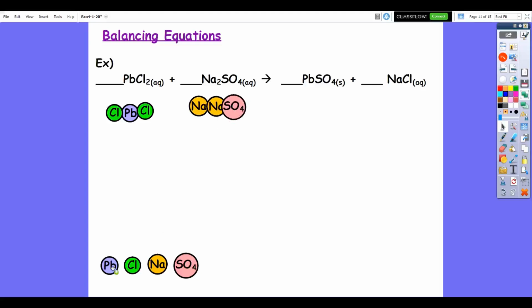I'm counting it as sulfate because I have sulfate on this side and I have sulfate on that side. Okay, and I'm going to make a little table here. So I have on either side of my equation my lead, I have chlorine, I have sodium, and I have my sulfate.